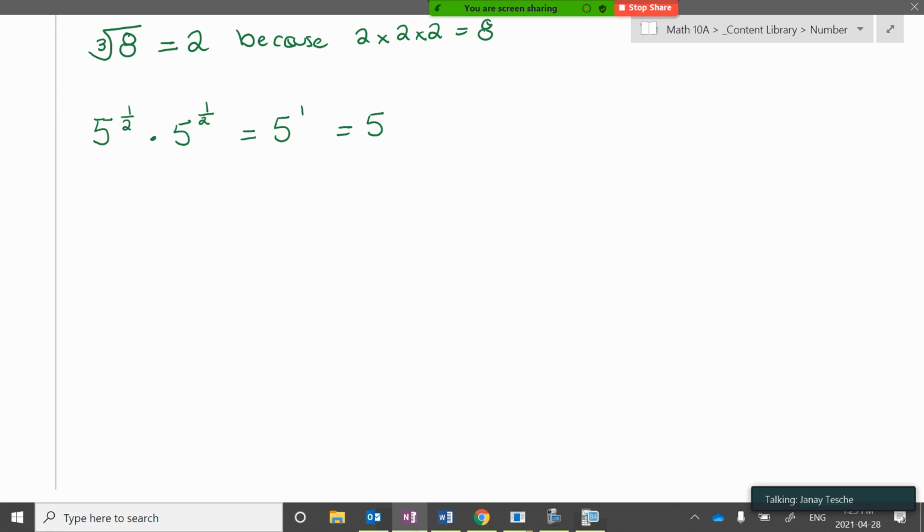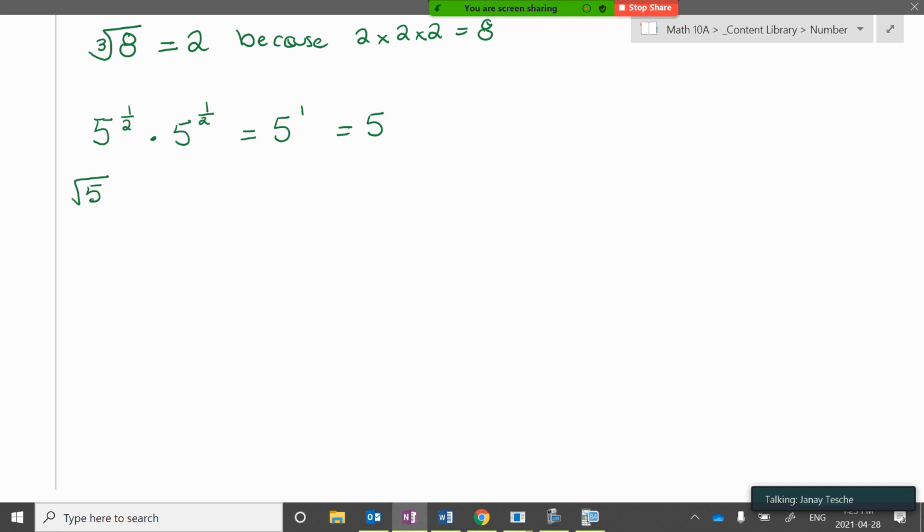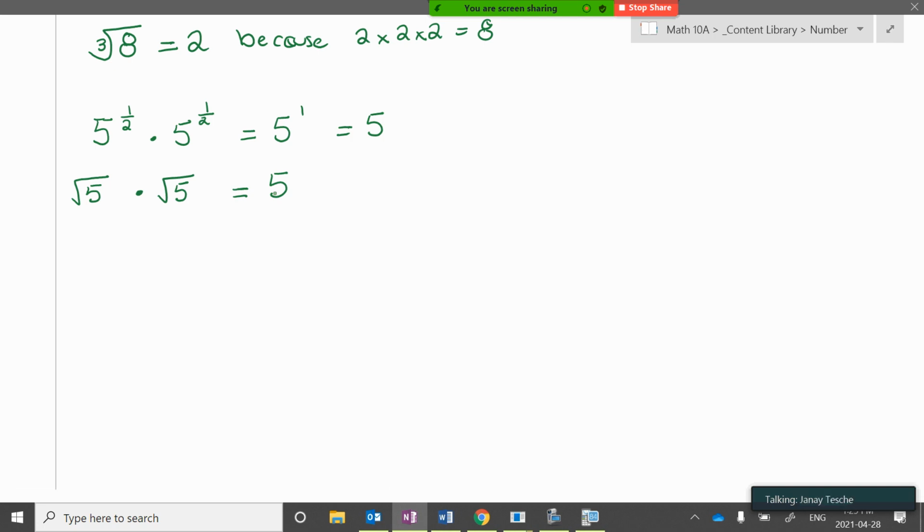Five to the power of a half ends up being the same thing as the square root of 5. The reason why is if I did the square root of 5 times the square root of 5, it gives me 2 point that whole number times 2 point that whole number, which just brings us back to 5, which is really kind of interesting.